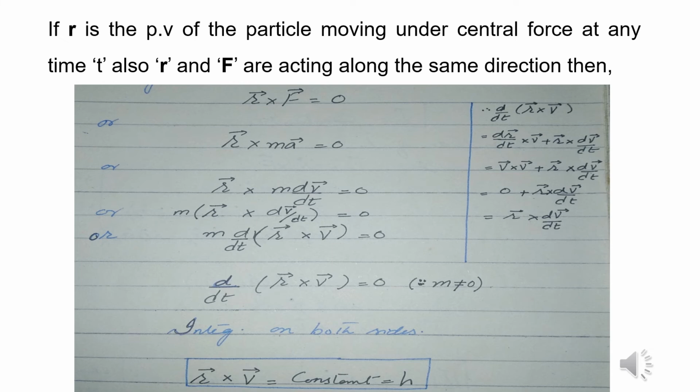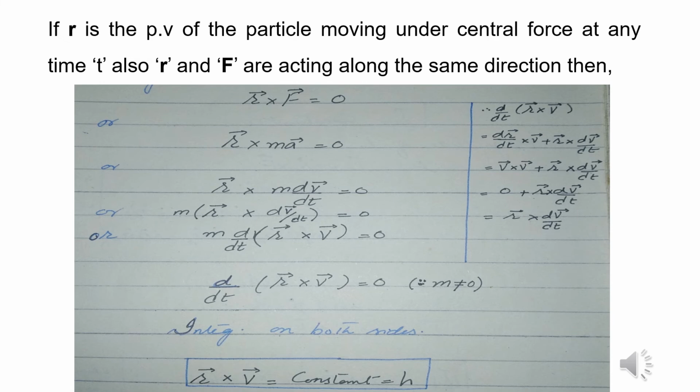or we can say, for the value of r cross dv over dt, solving d over dt of r cross v, we get dr over dt cross v plus r cross dv over dt, that results in v cross v plus r cross dv over dt, that gives 0 plus r cross dv over dt, and that is equal to r cross dv over dt.